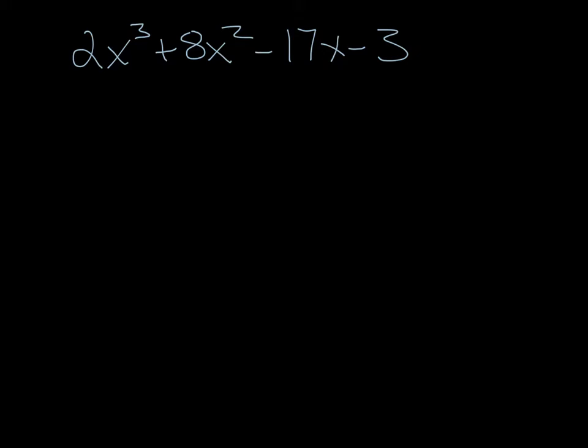So the degree of this polynomial would be 3. The leading term is 2x cubed. The coefficient of the first term is 2. The coefficients of the other terms are 8, -17, and -3.